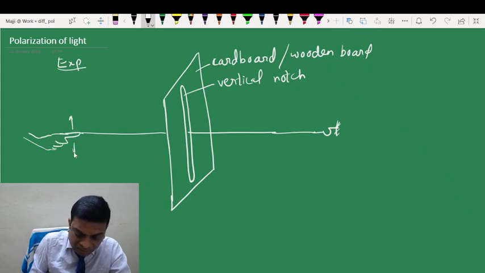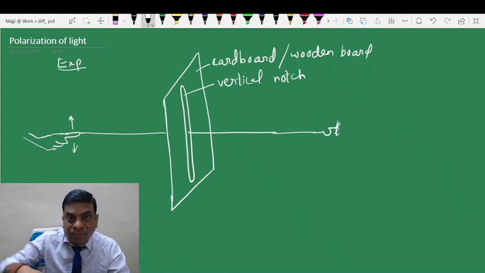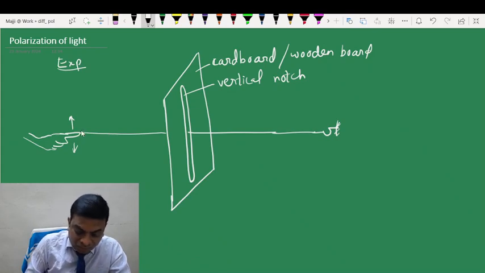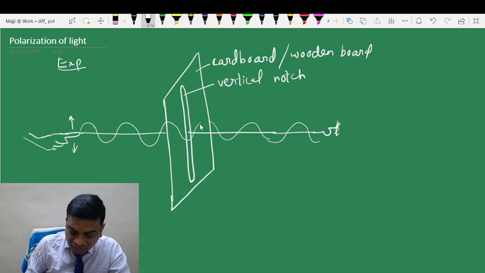The person is giving an up and down jerk to the string. So most probably the string will start vibrating. The string particles will start vibrating, and you can see that these vibrations will be emerging through this notch, that is the vertical slot, and they'll be reaching this fixed point.